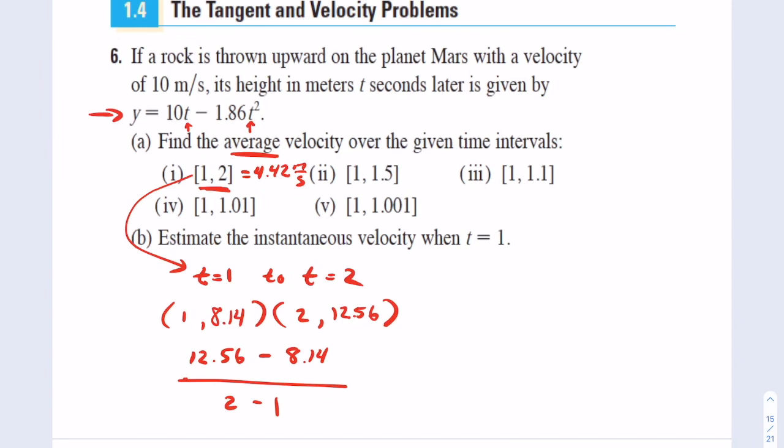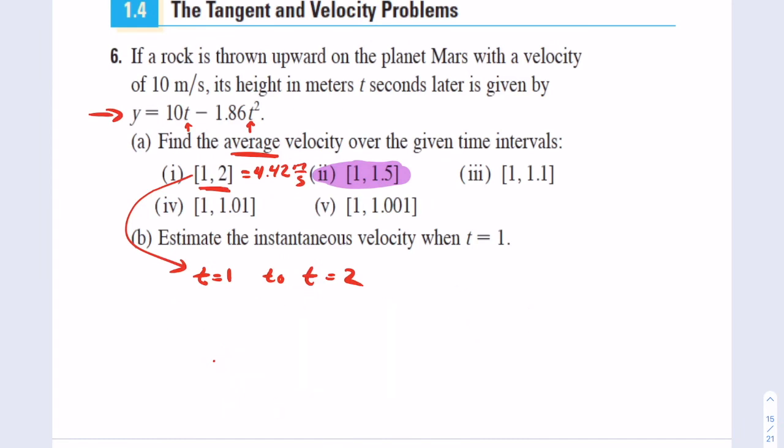Now, we're going to do the same thing 4 more different times, but instead in part B, I'm going to go from t equals 1 to t equals 1.5. Okay, so that's t equals 1 to t equals 1.5. And then I'm going to do the same thing, but we're just going to speed it up, okay? So based on my Desmos, where I will generate all the values, just to get you guys to understand the bigger picture.